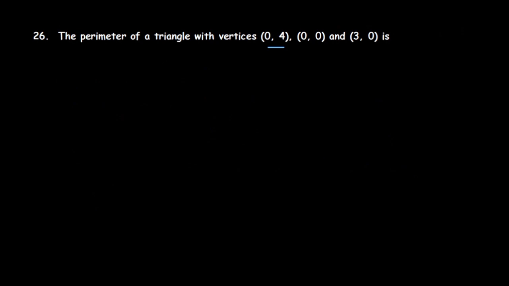The perimeter of a triangle with vertices 0, 4, 0, 0, 3, 0.